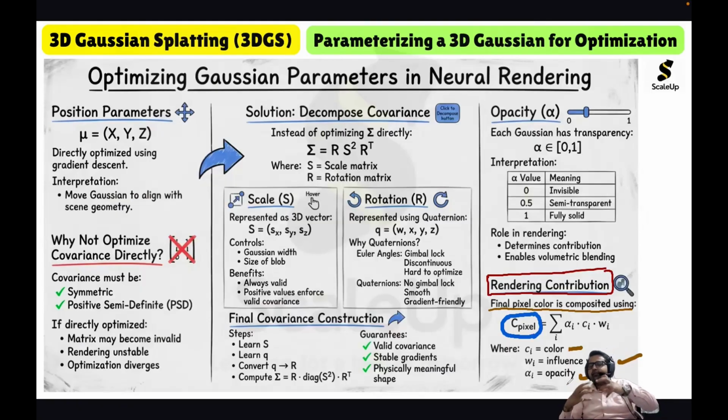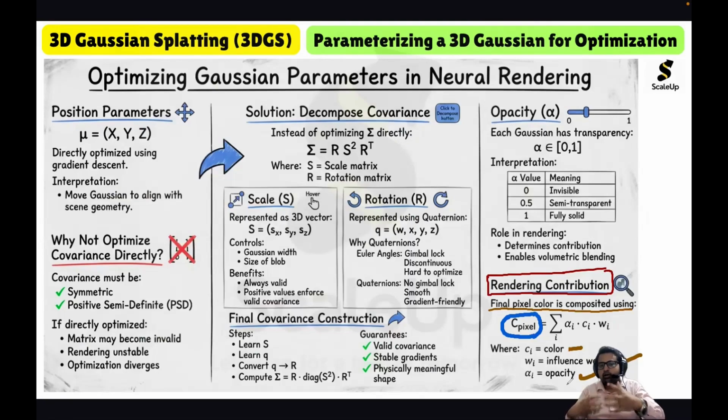We know that for a single pixel, hundreds or thousands of Gaussians might compete, they might blend, because overlapping is happening. The final color value of a single pixel might be determined by thousands of Gaussians.